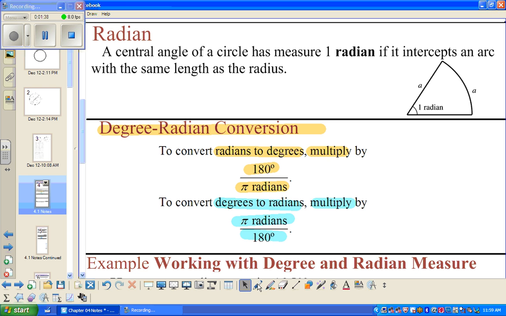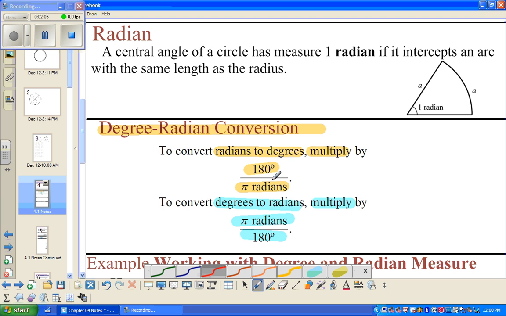What's an easy way to remember that? Well, if you have radians, most of the time, not always, you have a certain number times pi. So you're going to multiply by 180 over pi to get rid of the pi's to get to degrees.